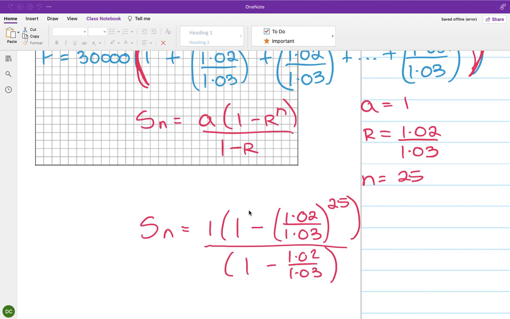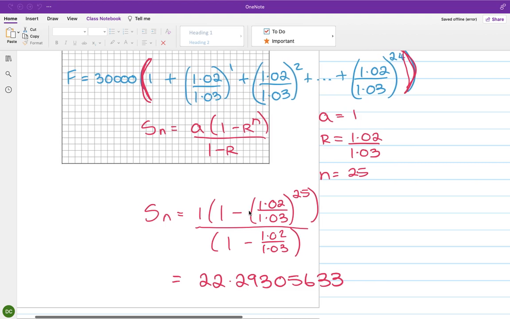Okay, fraction 1.02 over 1.03, power 25, brackets over bracket 1 minus fraction. Okay, so I'm getting 22.2930563.